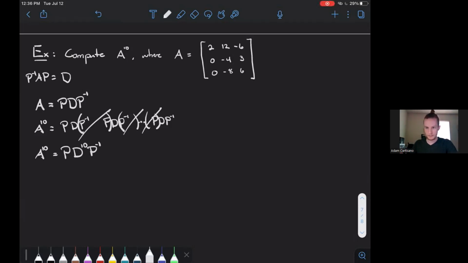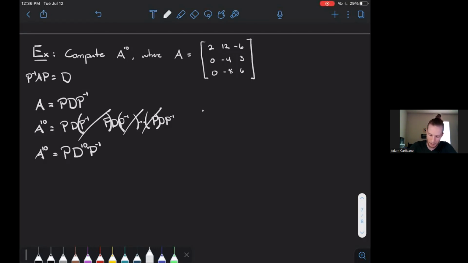Multiply D by itself 10 times, and then have a P on the front and a P inverse on the back. So if we can compute P and D, notice D to the 10th is very easy. You just take the 10th power of all the eigenvalues and put them on the main diagonal in the right order. P and P inverse are also very easy once you've done the eigenvalue computation. So let's go and do it.